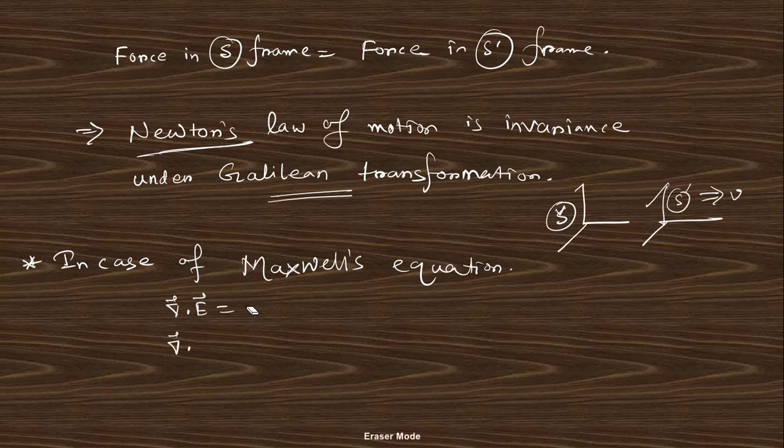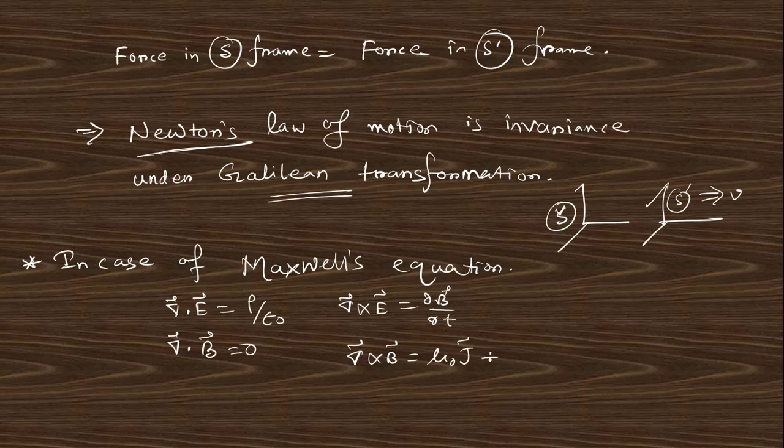Divergence of B will be 0. Curl of E equals minus del B del t, and so on. Divergence of E equals rho by epsilon naught. Curl of B is equal to mu naught J plus mu naught epsilon naught del E del t.